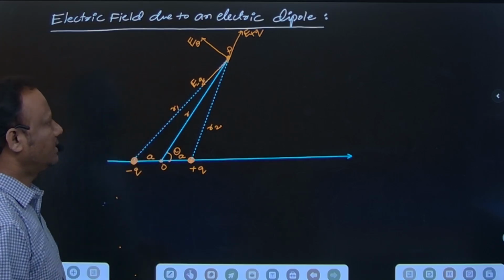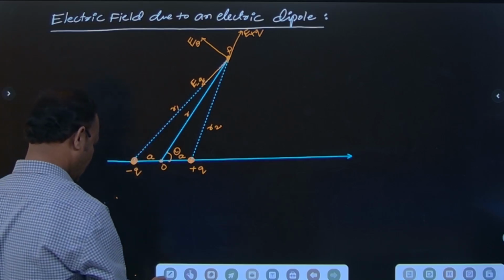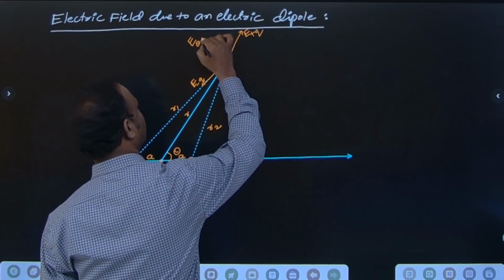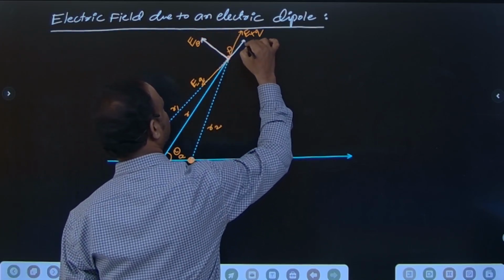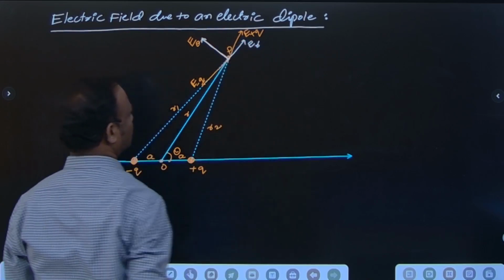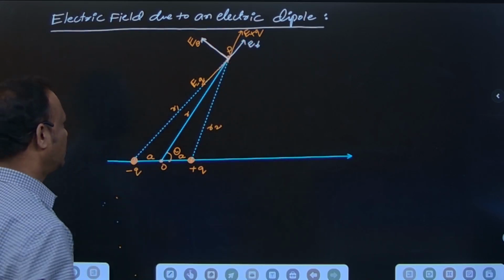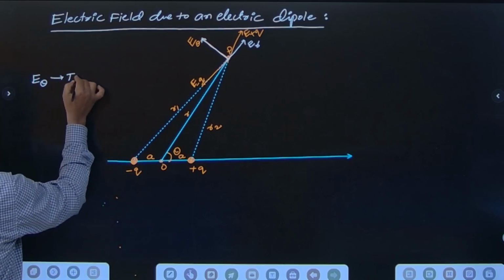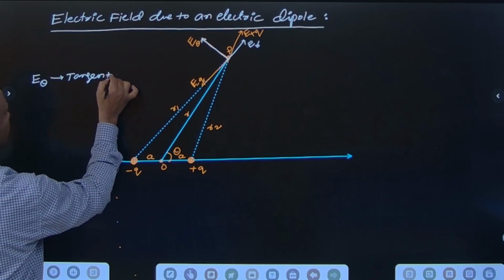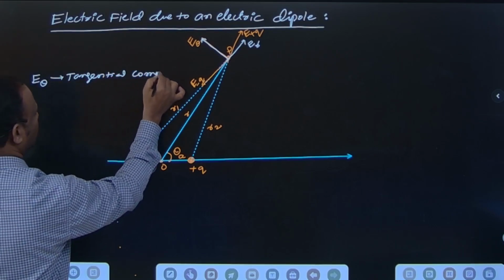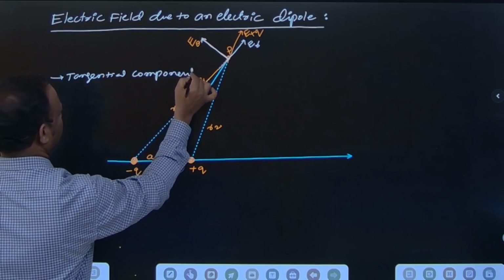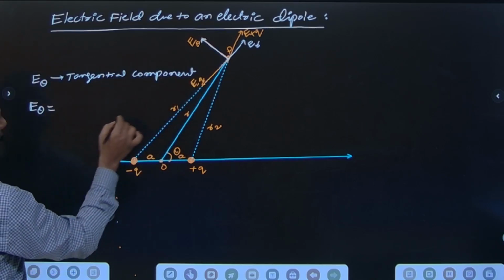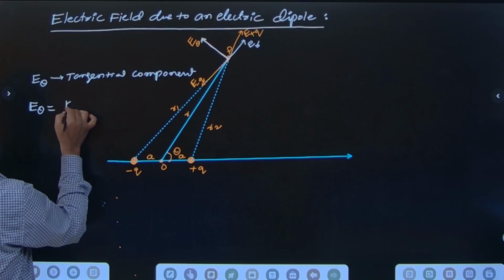The electric field E theta is the tangential component. The next one is the radial component. So E theta is called the tangential component, and E theta is equal to K p sin theta by r cube, where K means 1 by 4 pi epsilon naught.